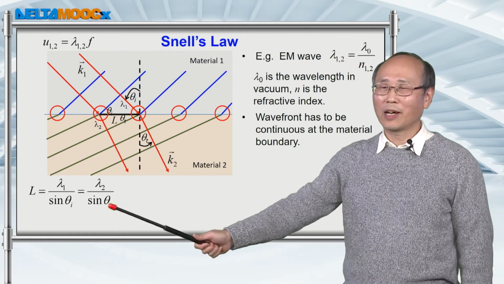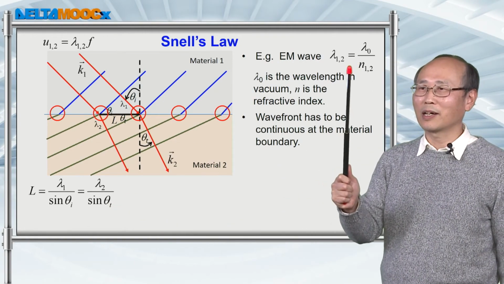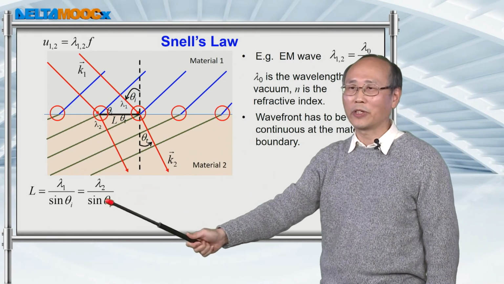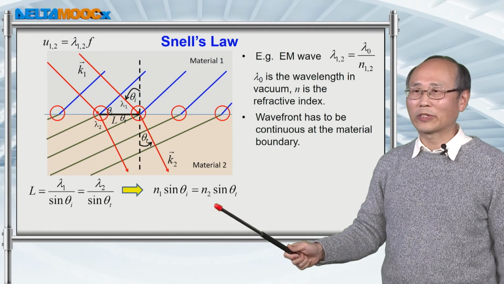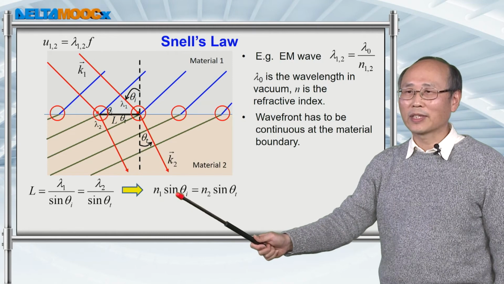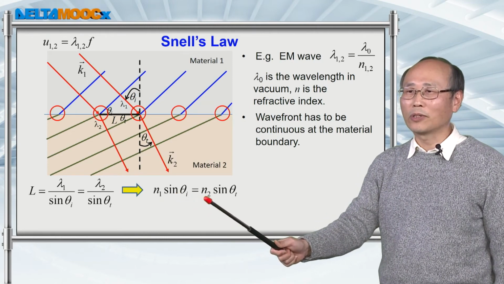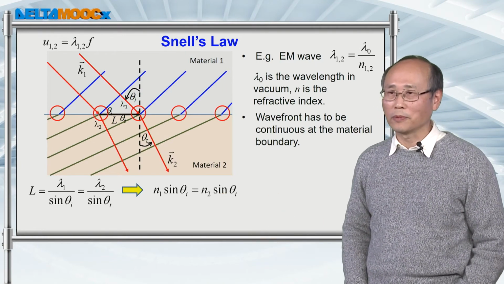With this result, and then I put this wavelength scaling in different materials into this expression, then I can organize it into the famous law called Snell's law, which tells you that n1 sine theta i, theta i is the incident angle, is equal to n2 sine theta t. Theta t is the transmission angle.